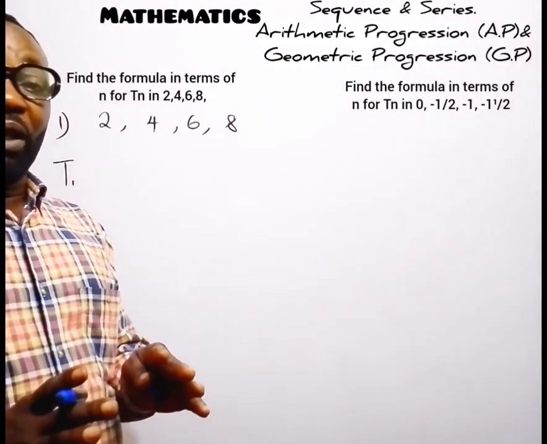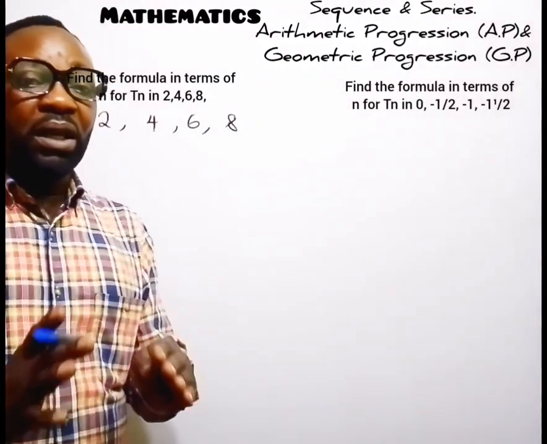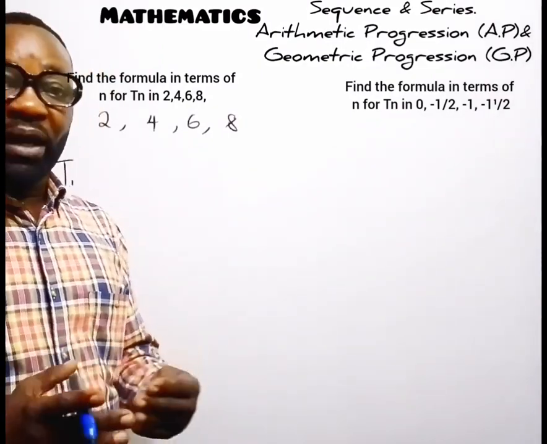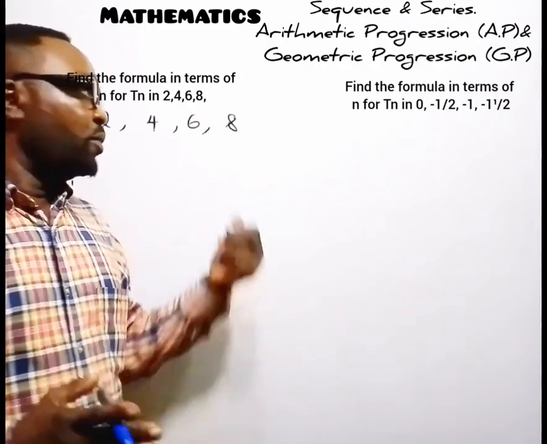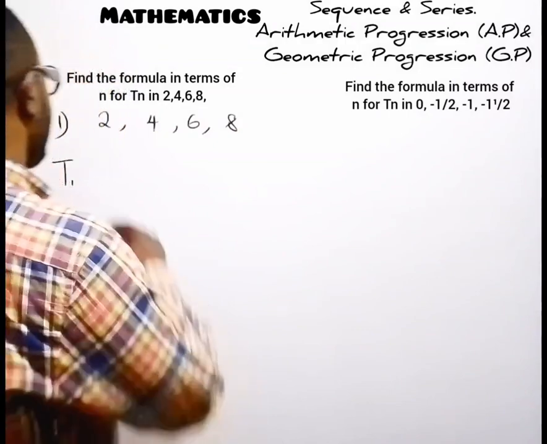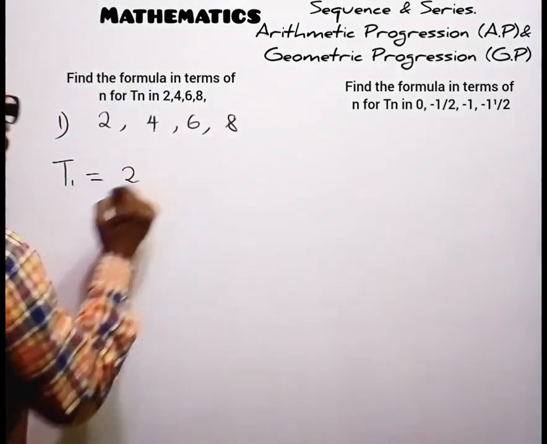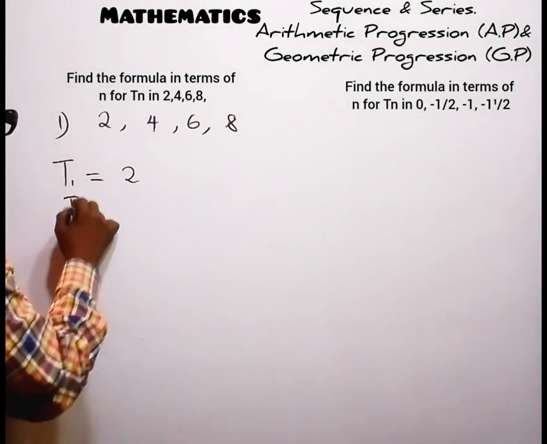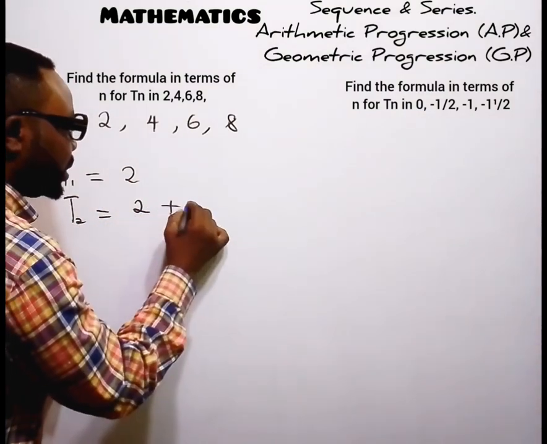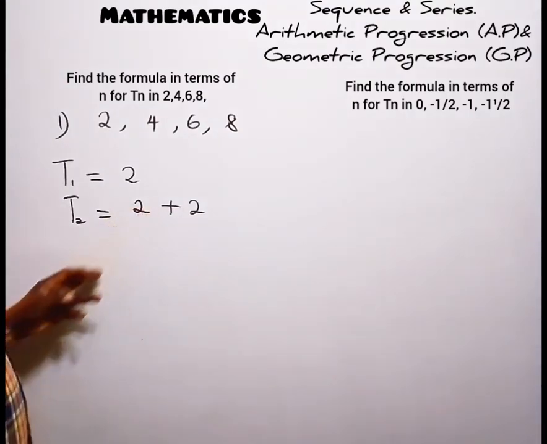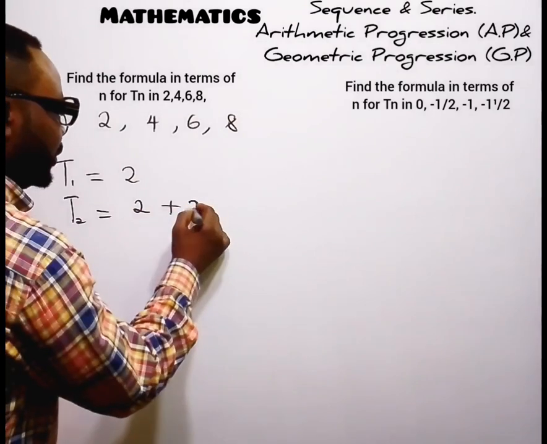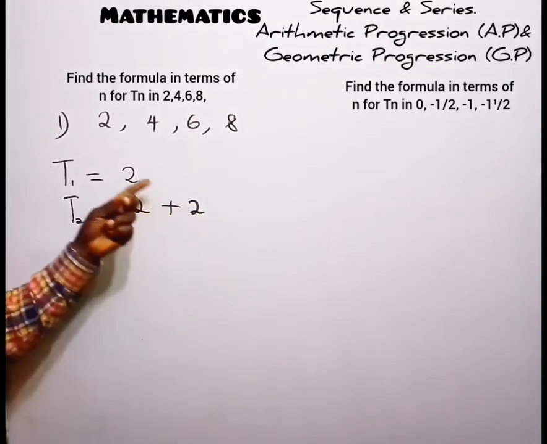Now, let's look at those terms one after the other. When we do, you are going to see how they are related to one another, and from that we'll be able to find the right formula for the expression of these terms. The first term is equal to 2. The second term is equal to 2 plus 2. You can see this is a form of addition of 2 to the first term.